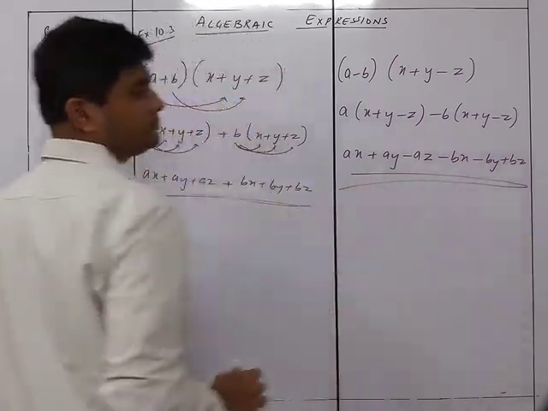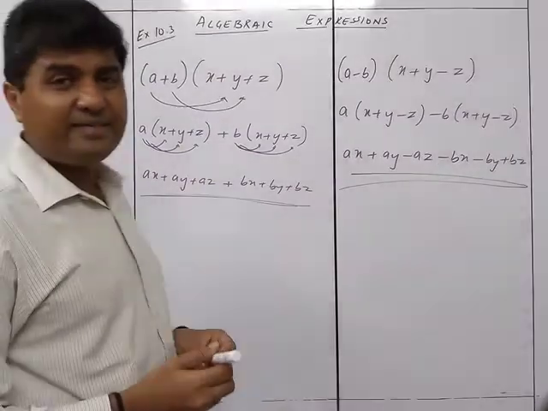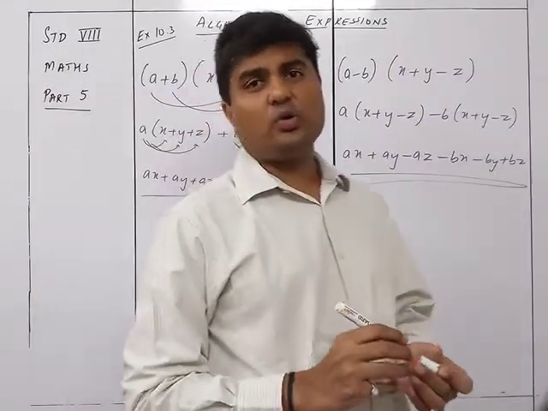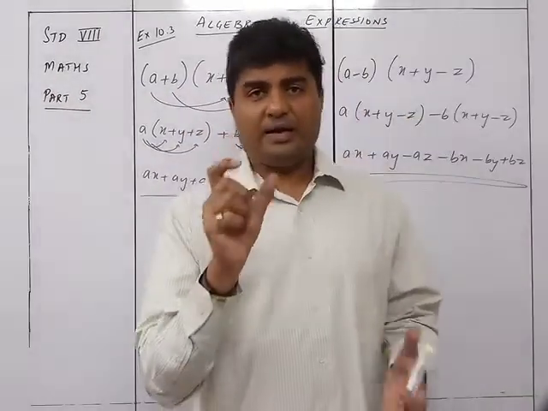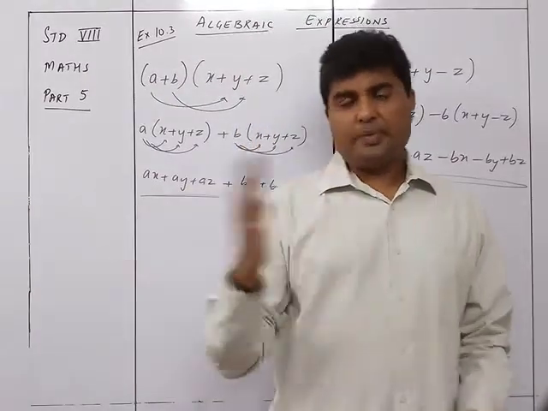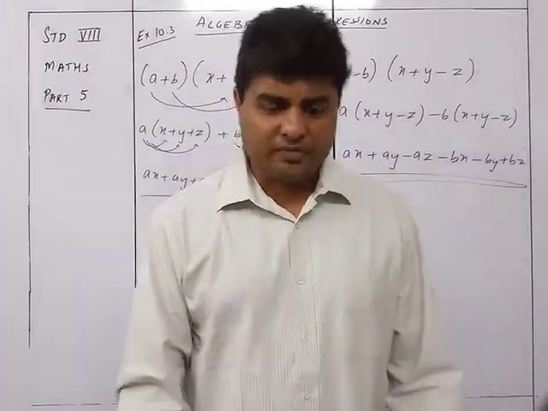That's the answer. Easy, right? Just need to split that bracket into parts and multiply with the other parts which are given to you.